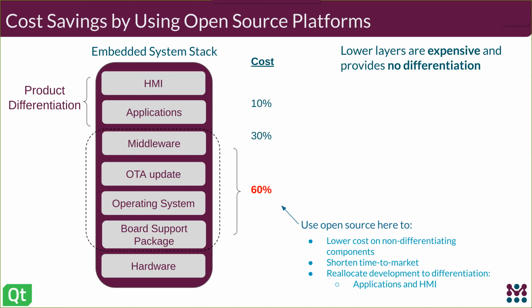And obviously, using open source components on these lower layers lowers the development effort, reduces costs, shortens time to market, and you can reallocate development to the important part, which is the product differentiation that will bring value to your customers.